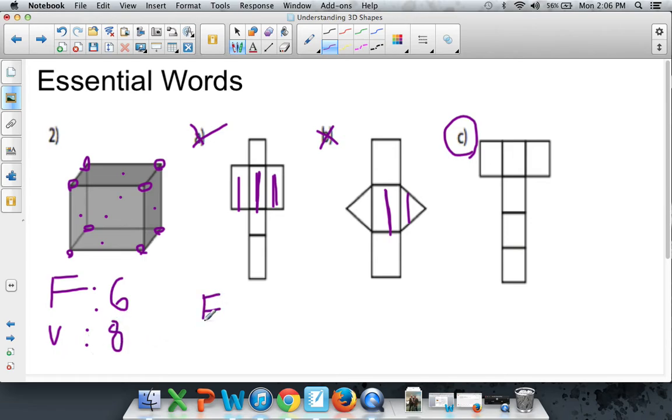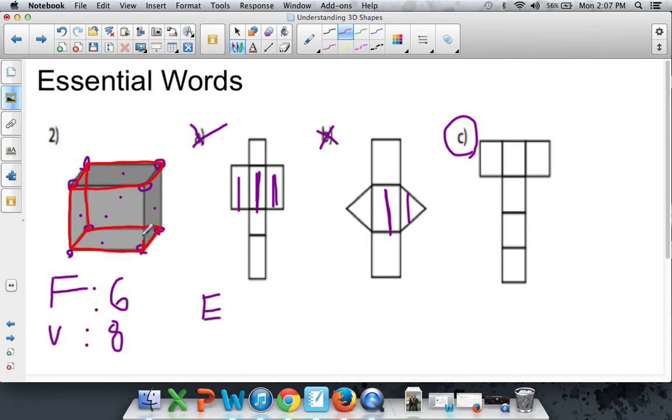How about them edges? Let's see, I'm going to use a different color so I don't get too confused. Okay, cool. So let's trace it. 1, 2, 3, 4. Going down. 5, 6. These are all edges. 7, 8, 9, 10.